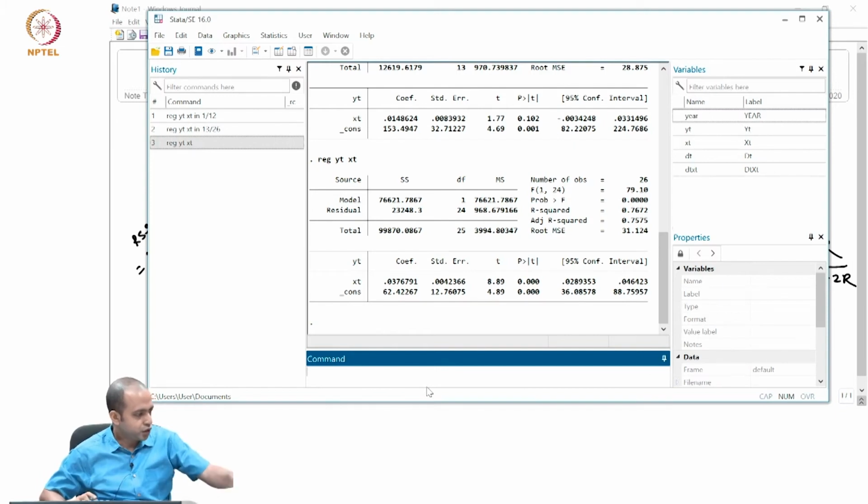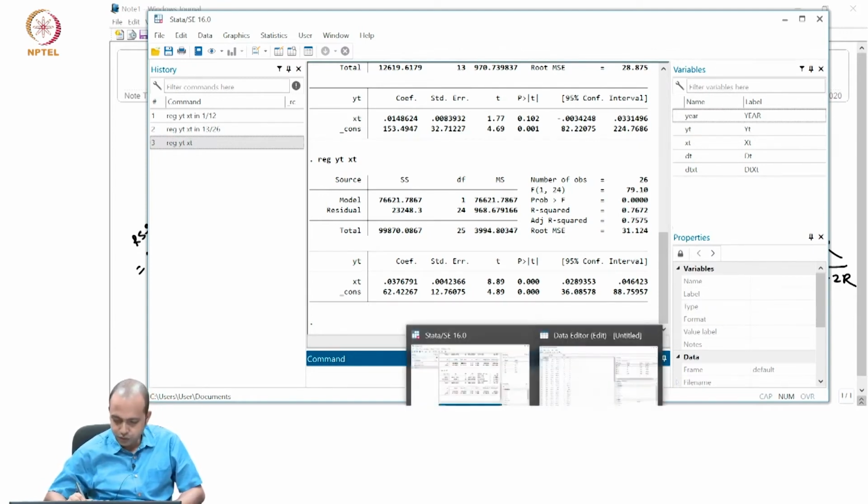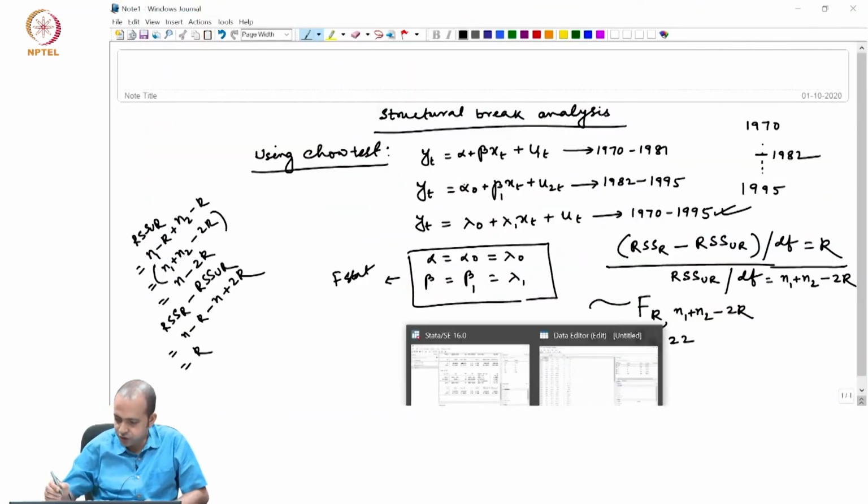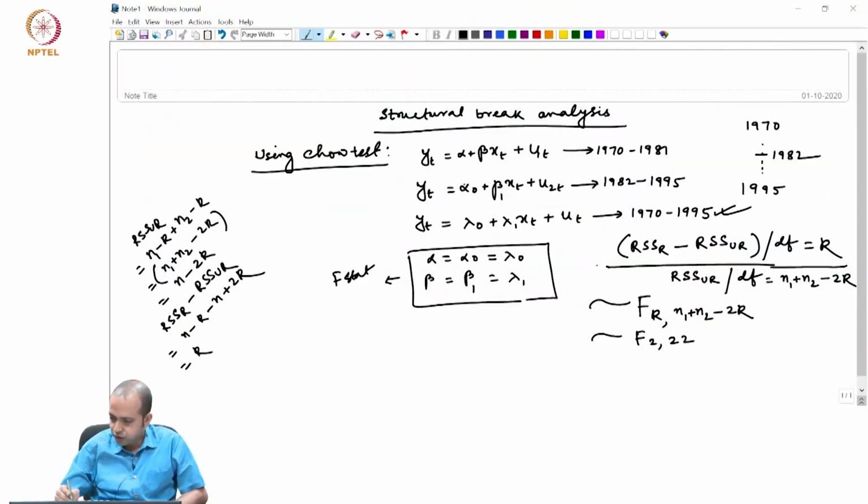F statistic. So, from the restricted model, RSS is 23,248.3. If you look at this formula, RSSR is this.